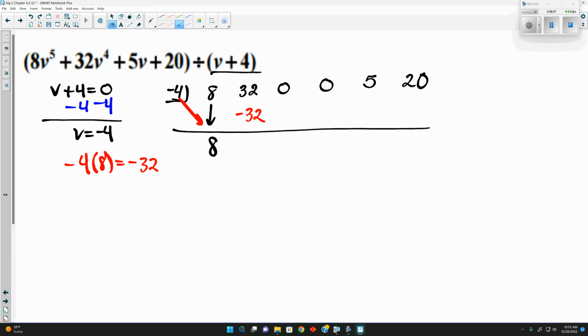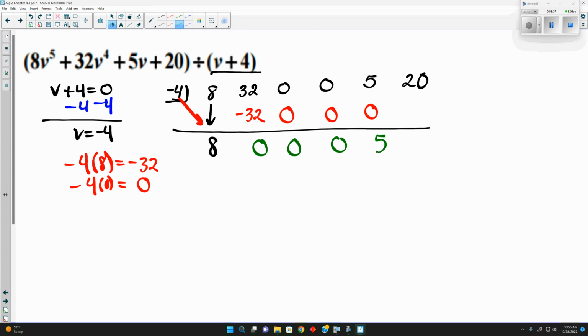And then we'd add straight down. 32 plus negative 32 is? Our next multiplication is negative 4 times 0. Okay, 0. 0 plus 0 is? Negative 4 times 0 is? 0 plus 0. Negative 4 times 0 is? 5 plus 0 is? 5.